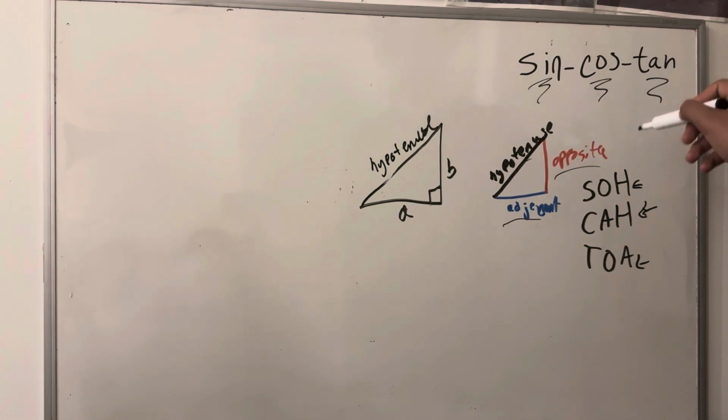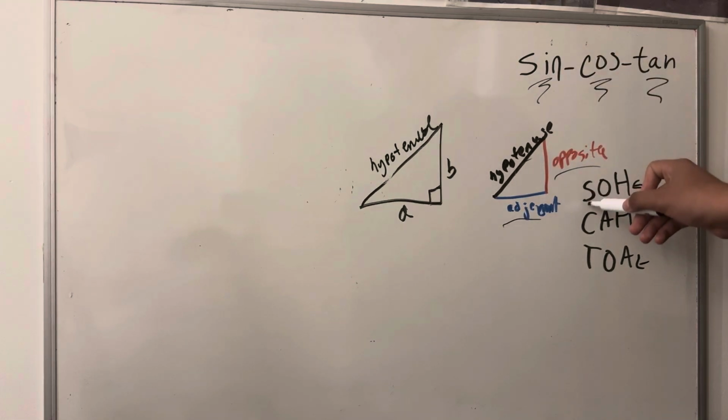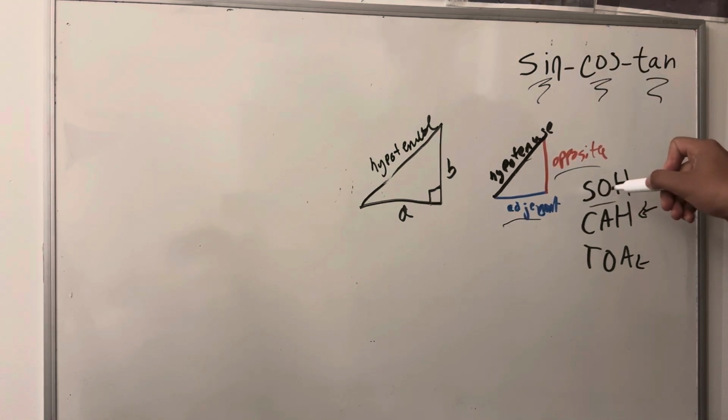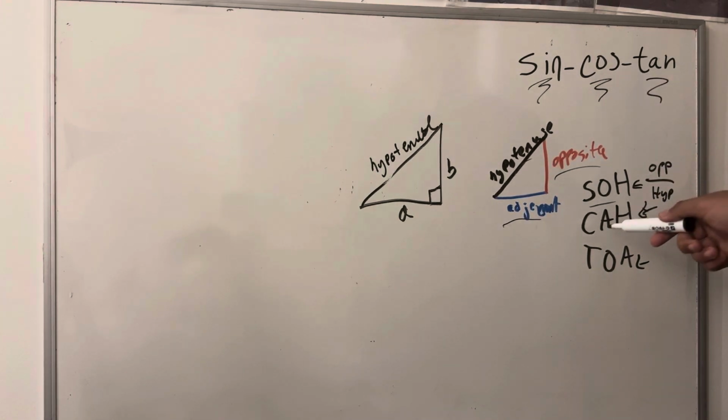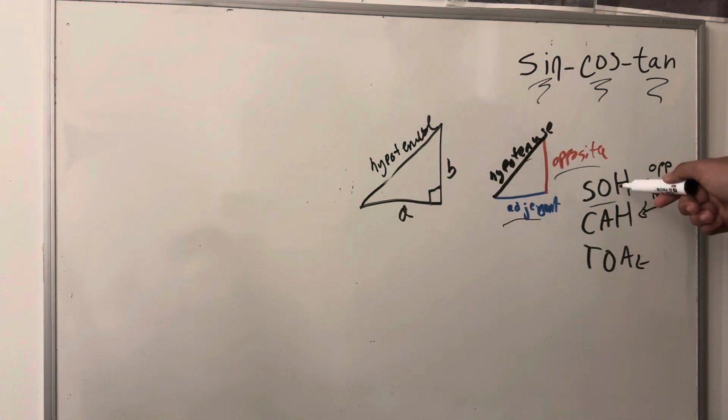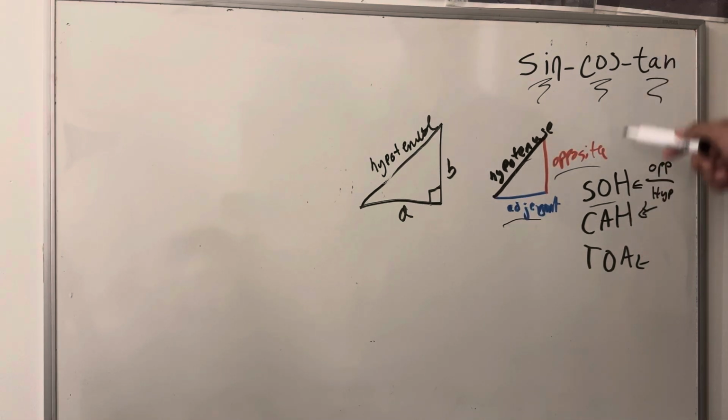So when we have sine, we know that this ratio is opposite over hypotenuse. Cosine, the second ratio, is complementary to the sine ratio, and it is known as adjacent over hypotenuse.